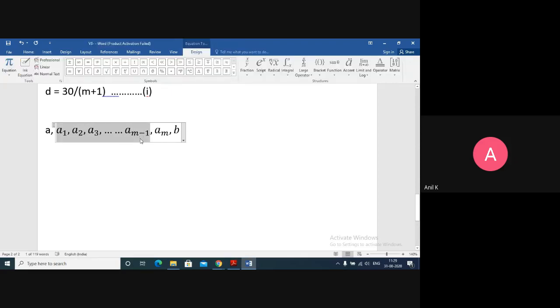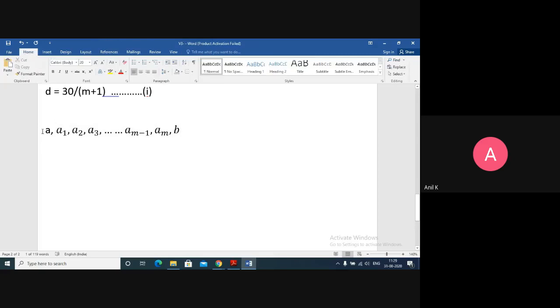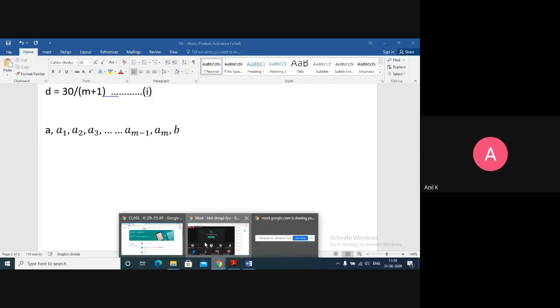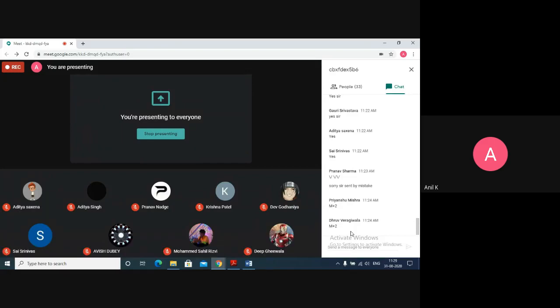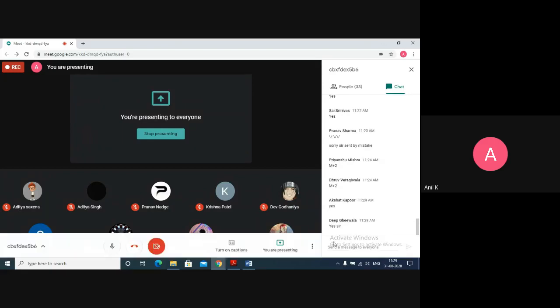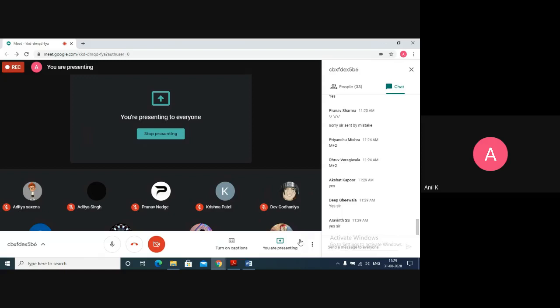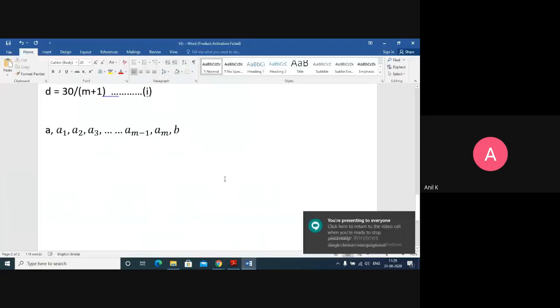This is the m minus 1th term. But my AP is actually from a. So if I include a also, my m minus 1th term is nothing but the mth term. Can I conclude that? That is what I want to explain. Is that clear? What about other students?